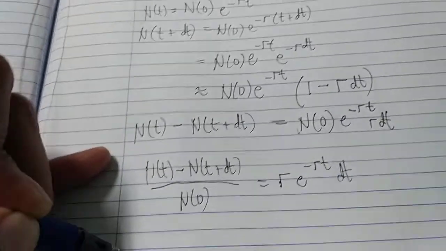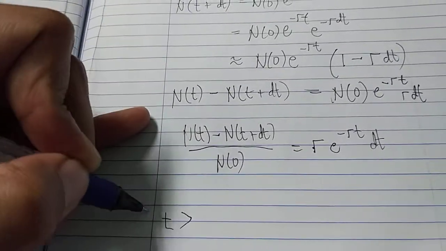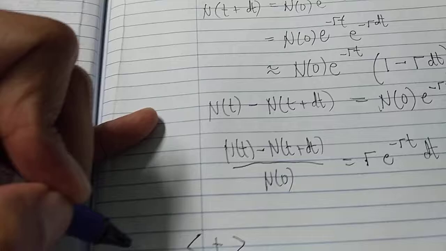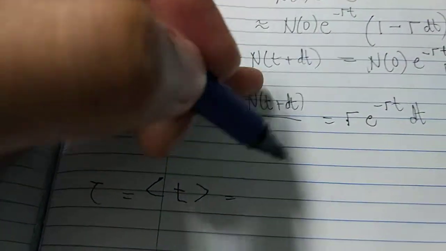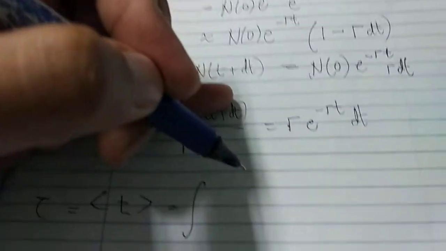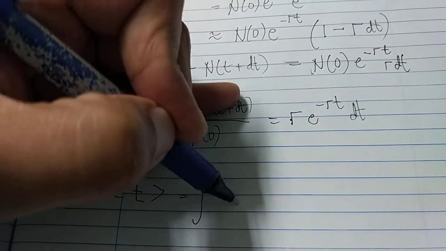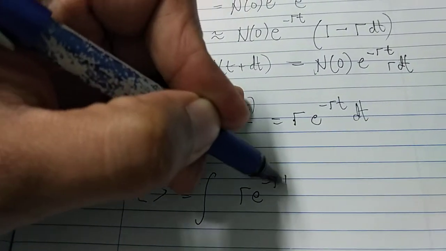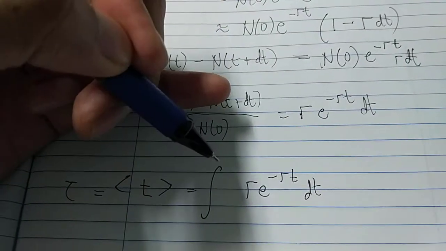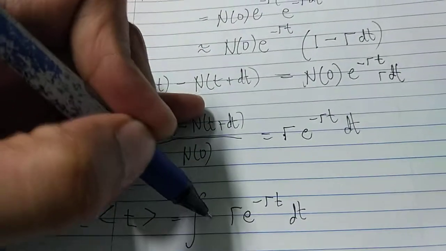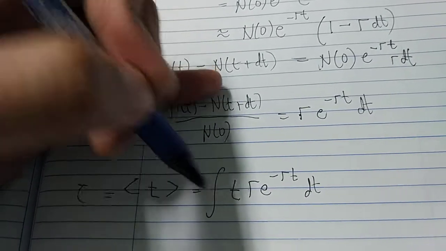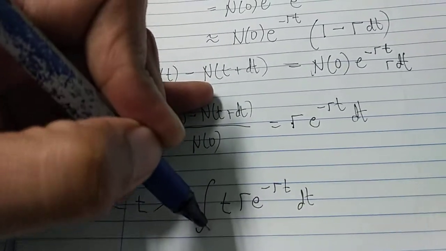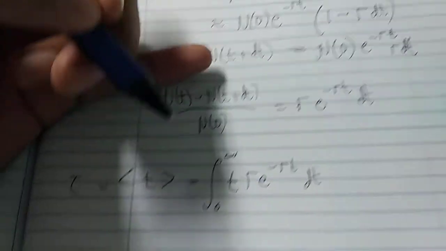So let's say you want to take the average of time, which Griffiths called tau, the mean lifetime. What you do is you integrate the probability and multiply it by the variable you want to take the mean of, in this case t, from 0 to infinity.